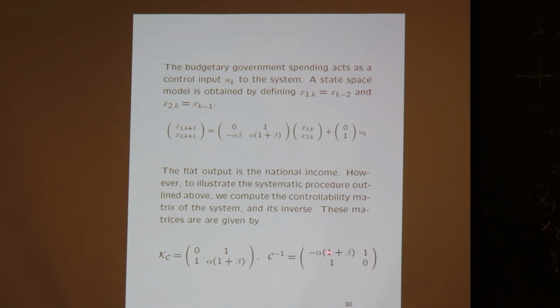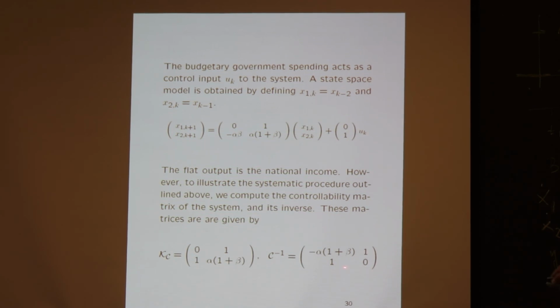The inverse of this will be something like that: you multiply by minus 1, and you change the sign of all these things inside the matrix. So the last row of the controllability matrix tells you that the flat output will be x1. The last row multiplied by this state will give you x1. So the flat output is the national income.